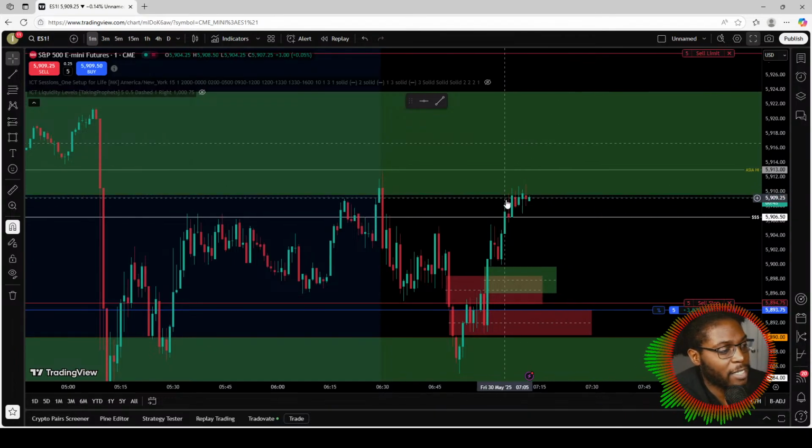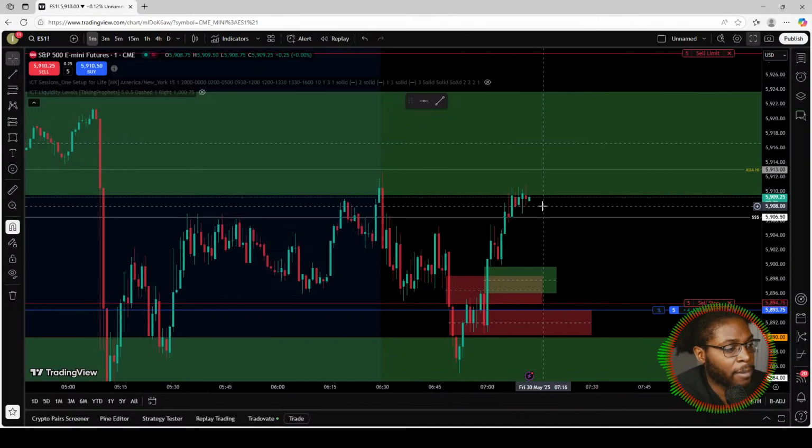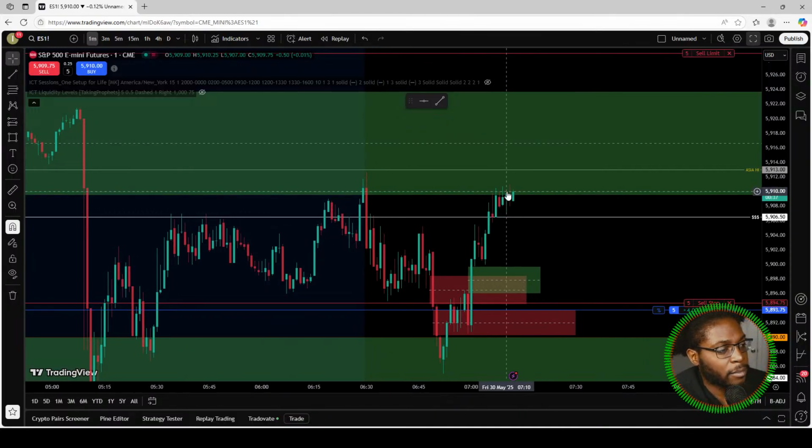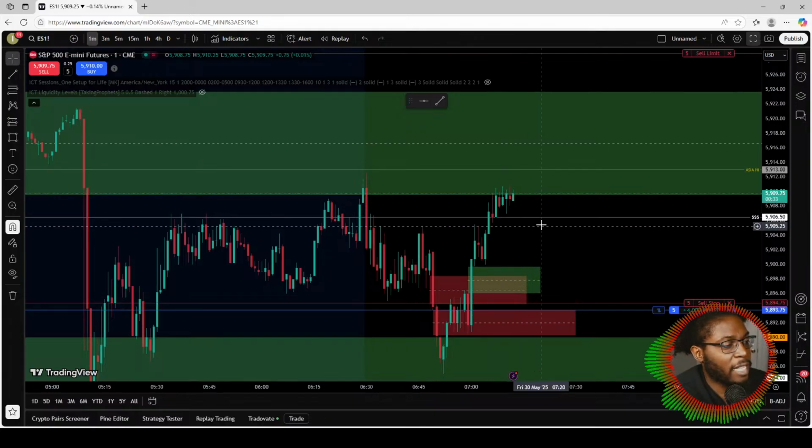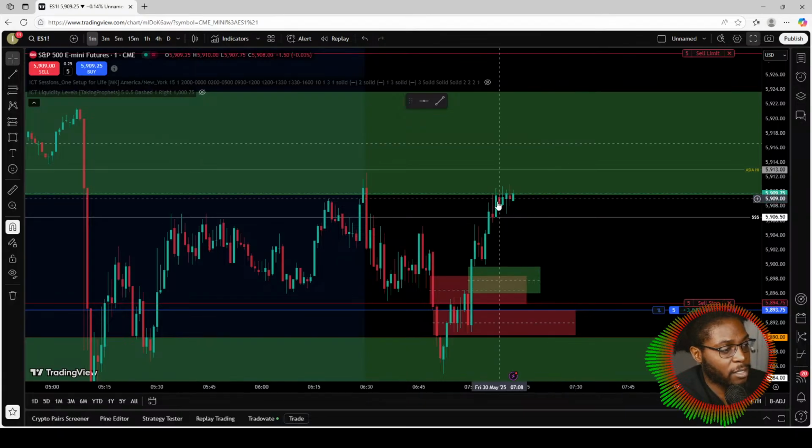There's a lot of transactions going on right here. That's how I look at it. There's a lot of buying and selling right here. So there's not more buyers or more sellers at this point. That's how I look at it. They're fighting to pick what direction it wants to go.